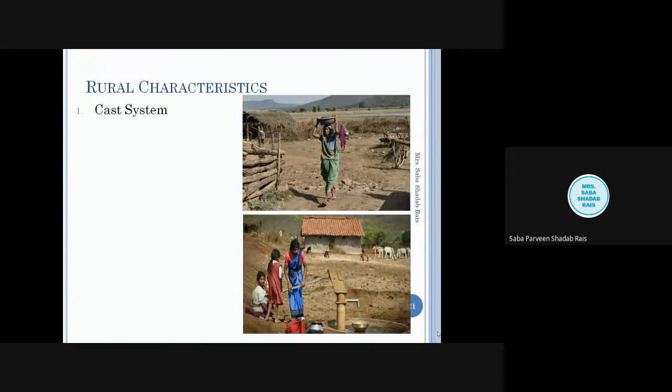They have several castes, although in some villages only one particular caste dominates, like only a Muslim area. For example, if you go to the Bhivandi side, after Bhivandi many villages start like Kaloli, Parga, Babgao. These are small villages, and in all this area the dominating people are Muslims.